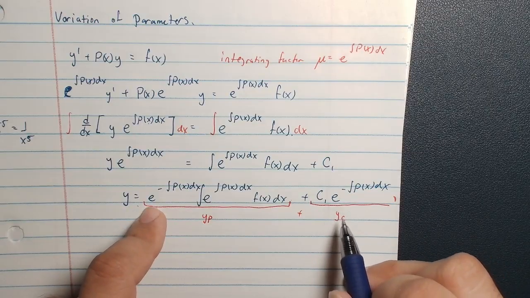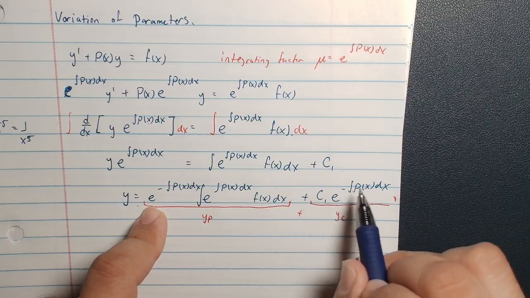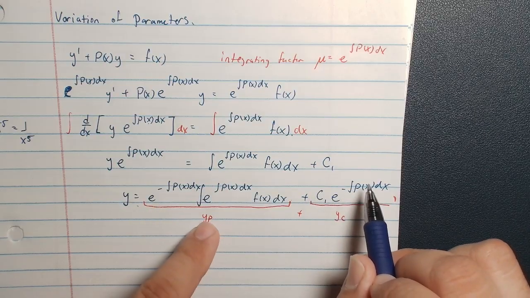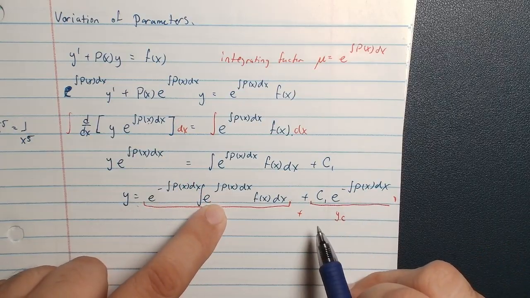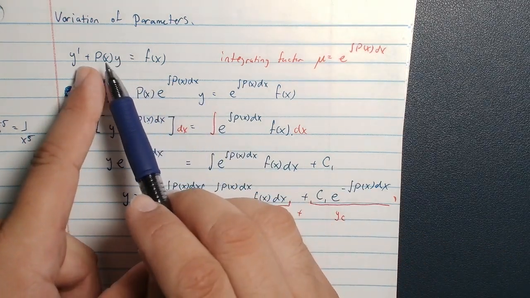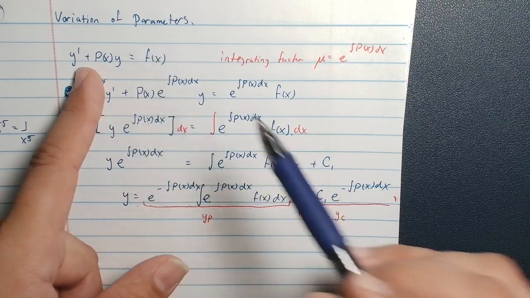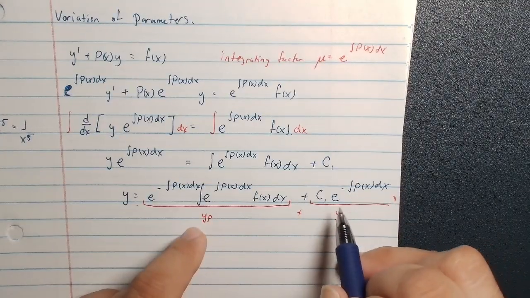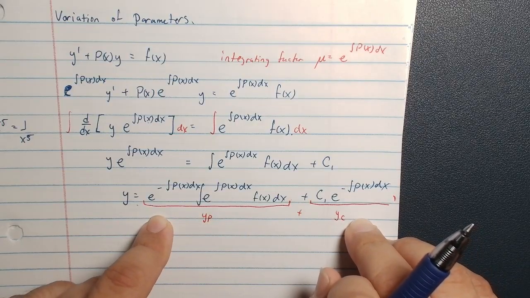Notice that your complementary solution is a single parameter times this function here, and that your particular solution is that same function times some integral. Right? That's not for any specific function. I mean, this p(x), we never said what it was, nor did we ever say what f(x) was. Notice that your particular solution is not completely separate from the complementary solution.